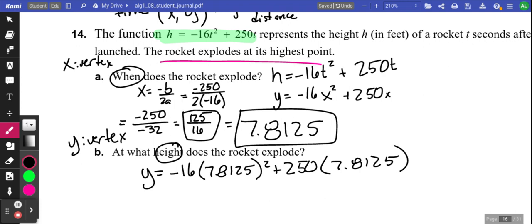When I square 7.8125, I'm going to stop at 2 decimal places, so that's 61.04. When I multiply 250 times 7.8125, again to 2 decimal places, I'll call that 1,953.13.